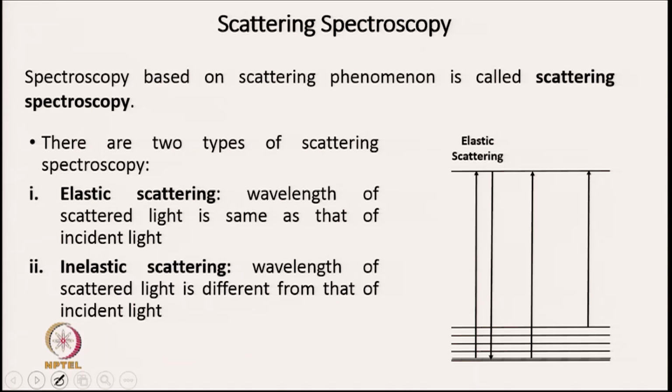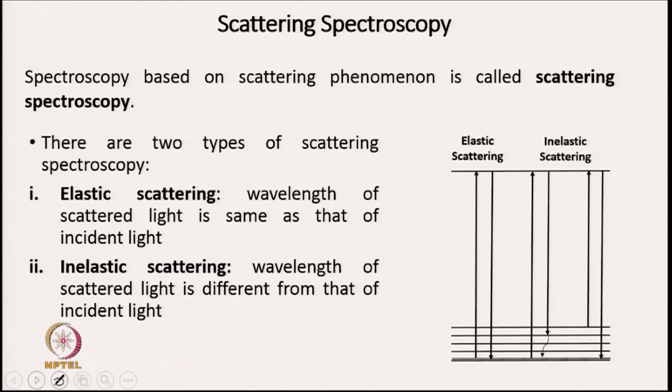So, this is your elastic scattering. You can see the energy gap is the same for both the incident light and the scattered light, so lambda is going to be the same for the scattered light and incident light.